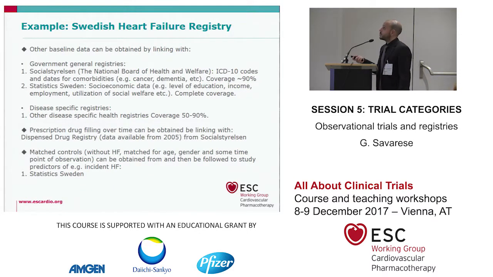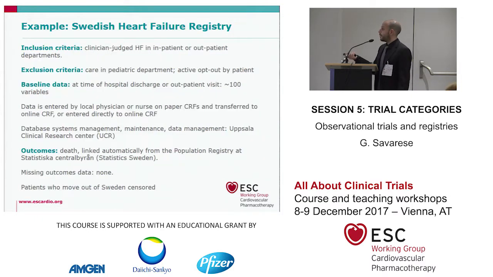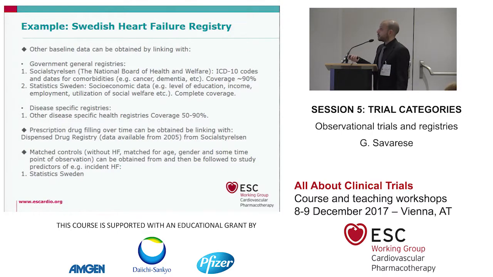So we matched the Swedish Heart Failure Registry also with other registries. I was talking about the population registry for the outcomes, but we also match it with the causes of death registry. That's a registry that collects all the causes of death in Sweden. So we will know if patients with heart failure have died because of cardiovascular disease or any other kind of disease.